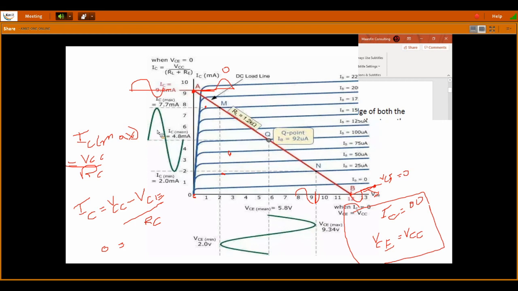So for the negative cycle we will have the output voltage which is positive. Both the positive and the negative voltage magnitudes of your input are amplified by the transistor without any distortion.